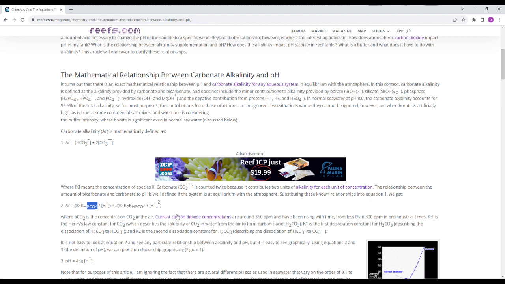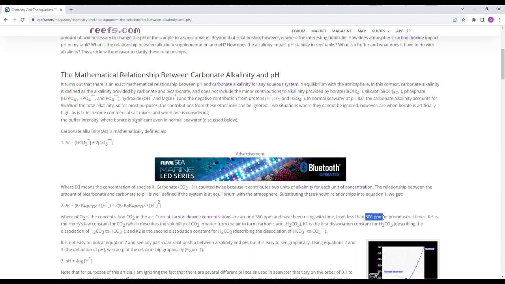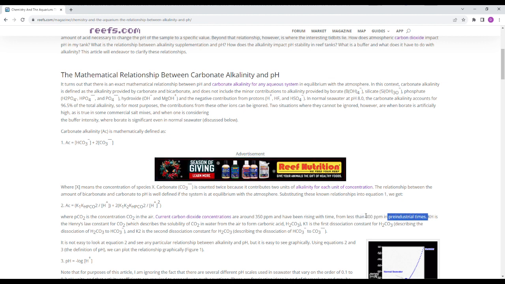Current carbon dioxide concentrations are around 350 ppm and have been rising with time from less than 300 ppm in pre-industrial times.